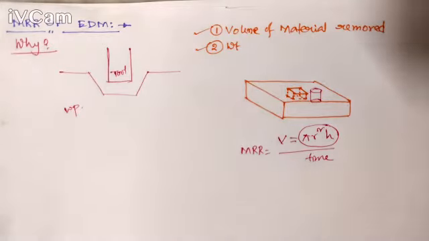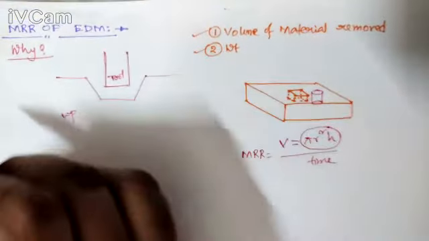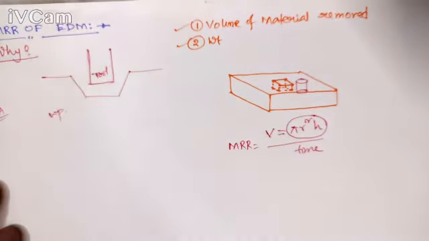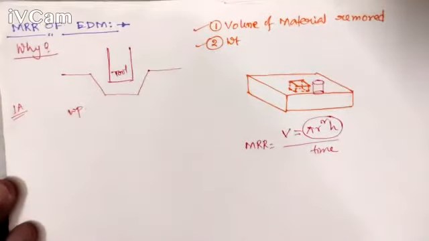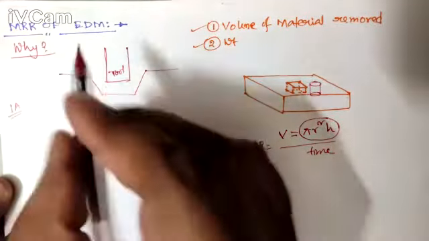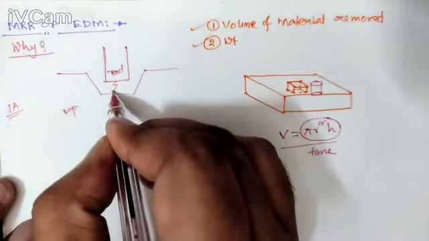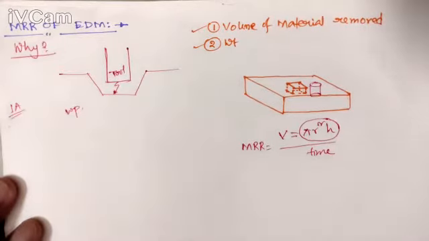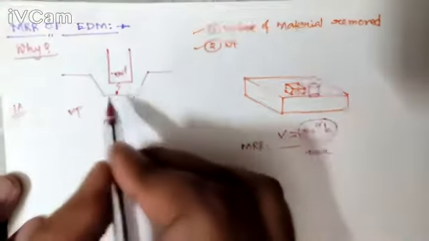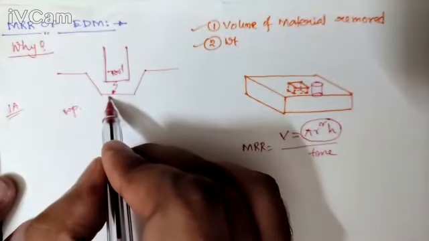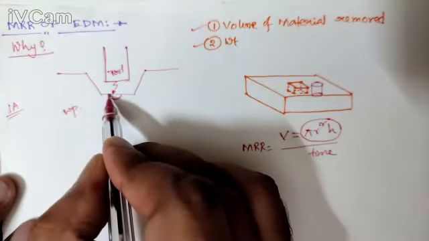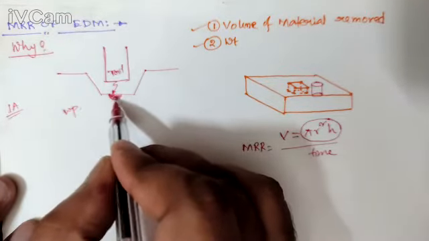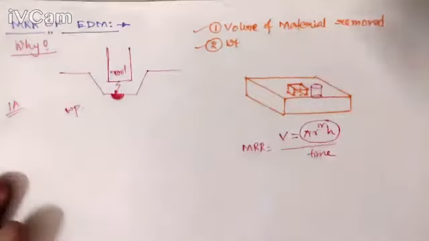Now, what happens here? Let us consider that we have supplied 1 ampere current. Due to that 1 ampere current supply, one spark is generated between tool and workpiece. And let us consider, because of this spark, we found some crater on the top of the workpiece surface. We found some hemispherical crater.